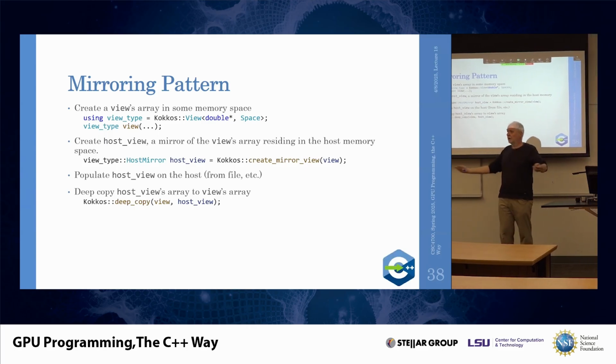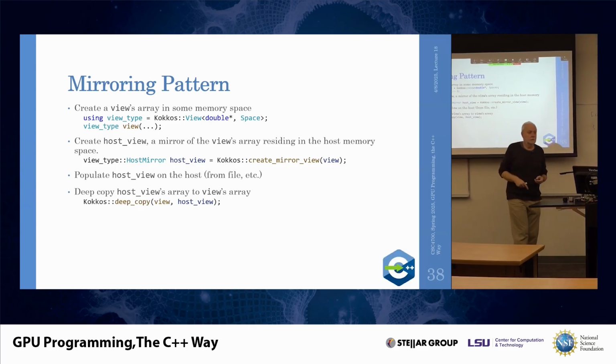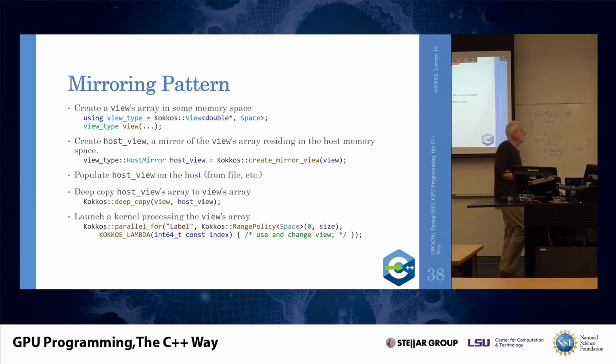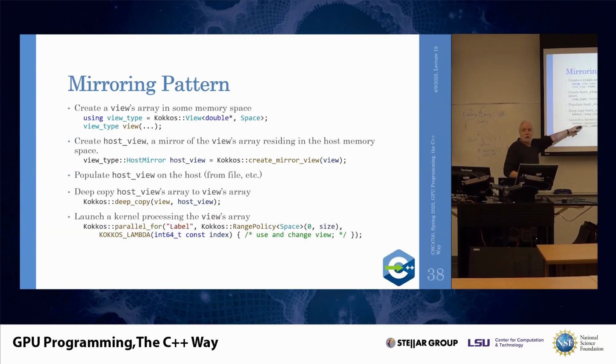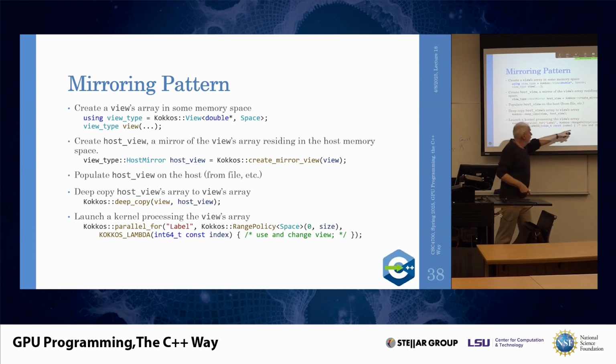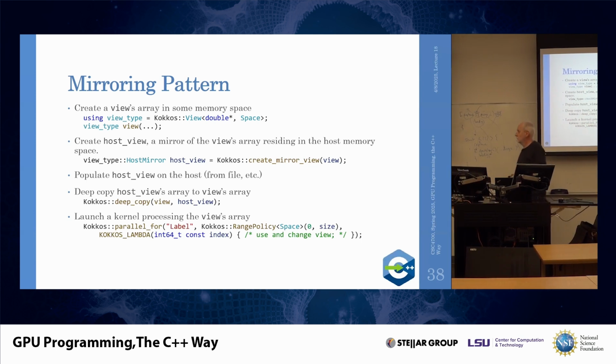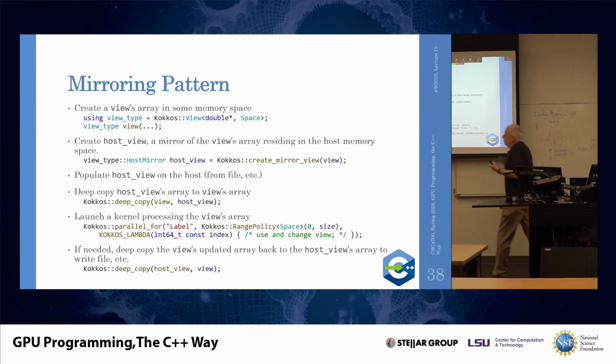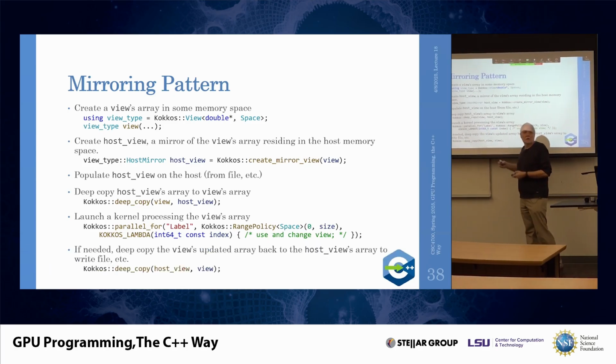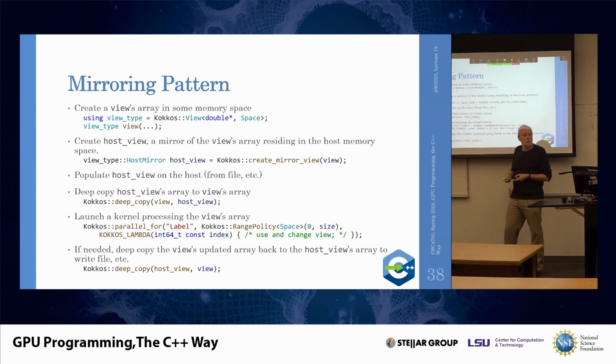So I populate my other view, make it equal to my host view. Then I can use my parallel for. And in that parallel for, I can refer to the view because that now lives on the GPU side of things. And eventually, if I need it, I have to copy things back because I might have changed data on the GPU side of things.